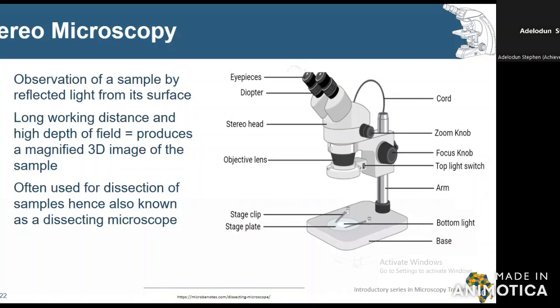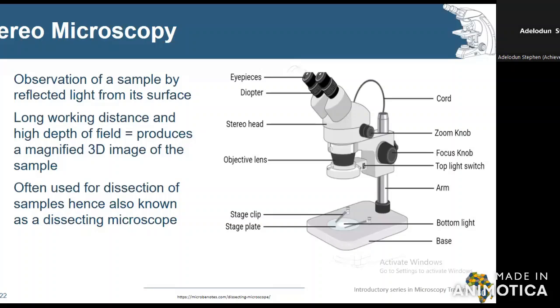But in the case when you want to look into more bulky and large samples, it is the stereomicroscope that is going to be the better choice to go for.